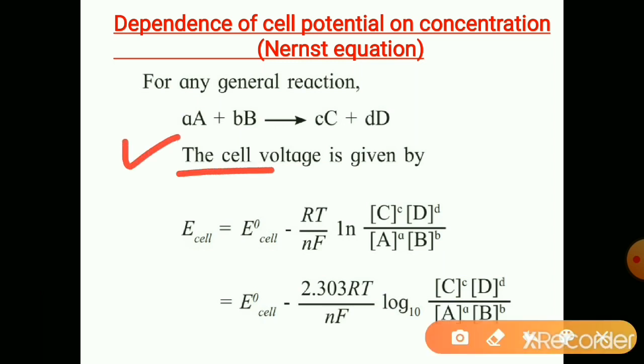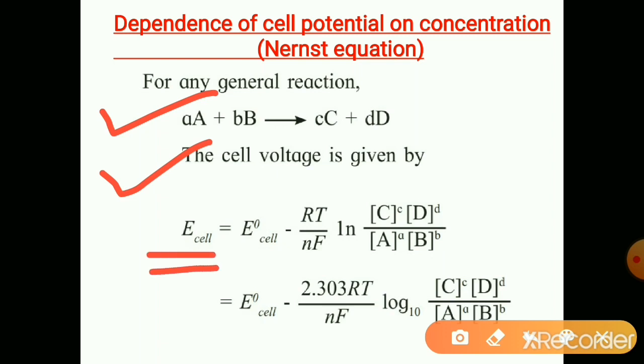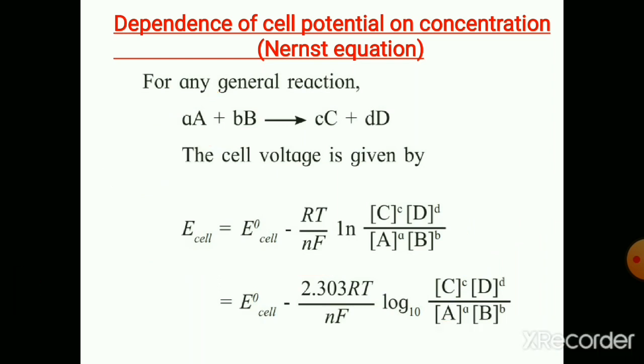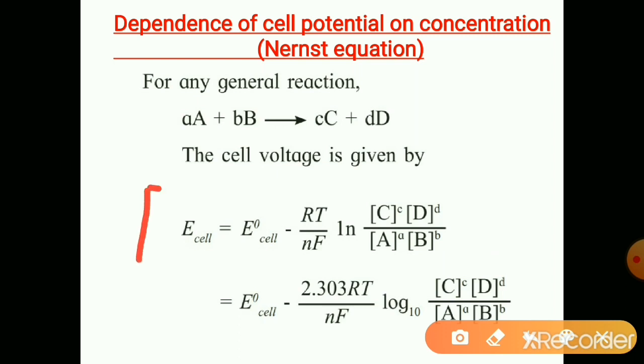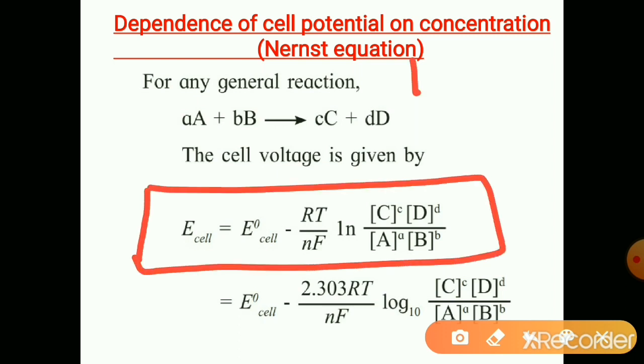The cell voltage for this cell reaction is written like this: E of the cell is equal to E naught of the cell minus RT divided by NF log of concentration of products raised to the power of their coefficients divided by concentration of reactants, each raised to their coefficients in the balanced chemical equation. This complete equation is the Nernst equation.